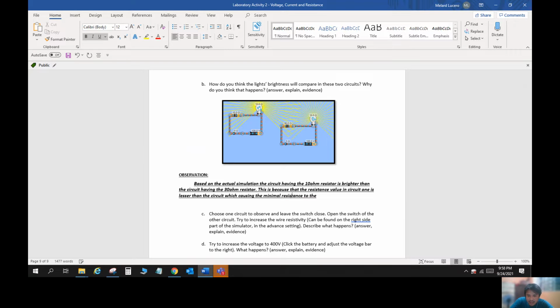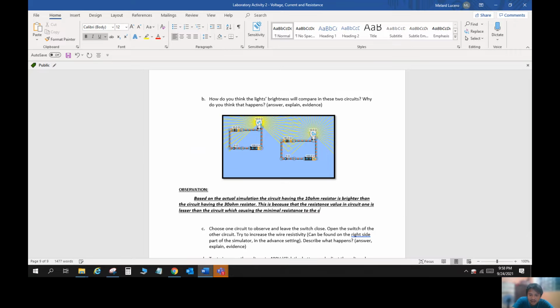Resistance to the circuit, causing it to function, causing its bulb to brighten up more, up much better, than circuit 2.